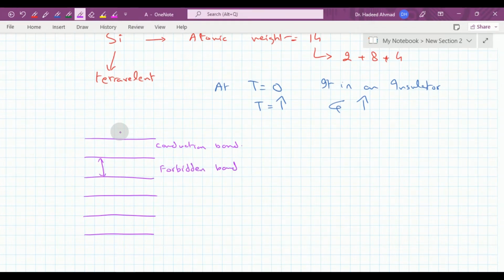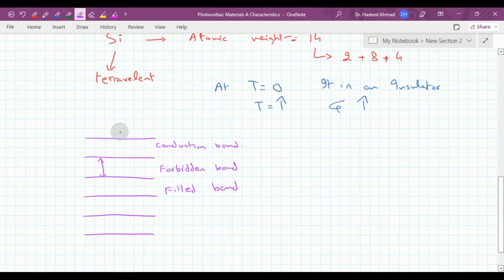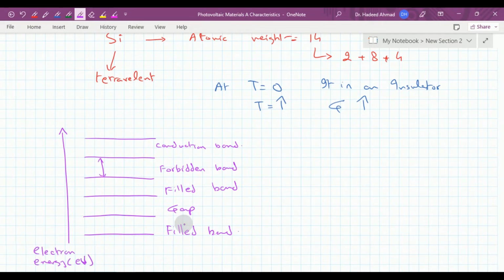Then we have the filled band, where we have the electrons which are placed in these filled bands, and then we have the gap, and again then we have the filled band. As we increase the electron energy, the status of the electron actually changes.